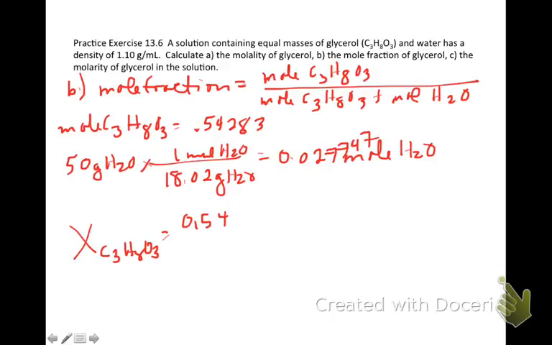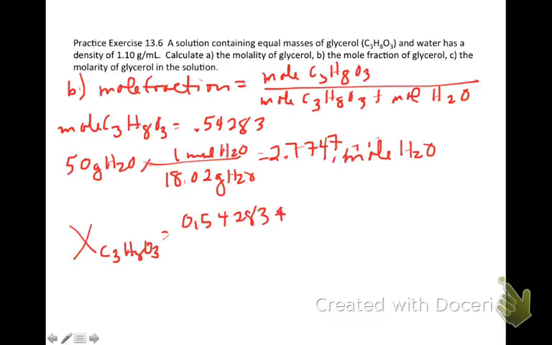That's not quite right, wait. Oh, you know what I did? I'm sorry. This number's not right. That was silly. How about 2.7747? That makes more sense.